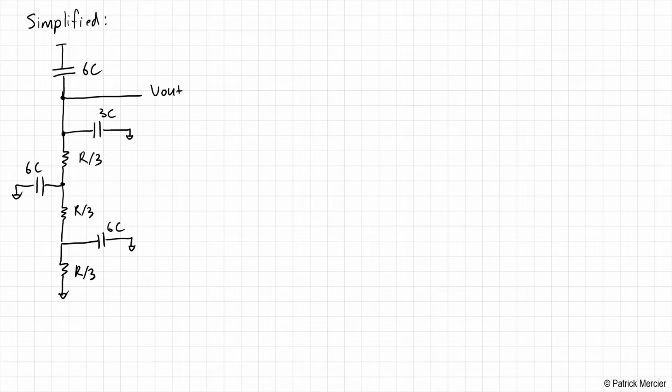Okay, so the first thing we might say is, well, let's just sum up all the R's and C's and say, you know, is the propagation delay equal to all of those R's? So that's R/3 times 3, times, if we go ahead and add up all those capacitors, we find we have 21C of capacitance. So is the delay equal to 21 RC?